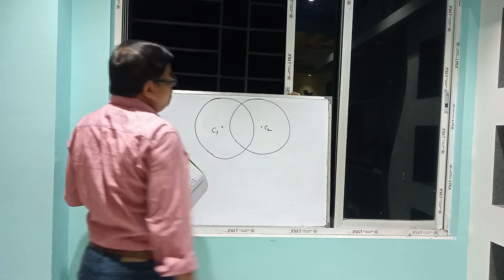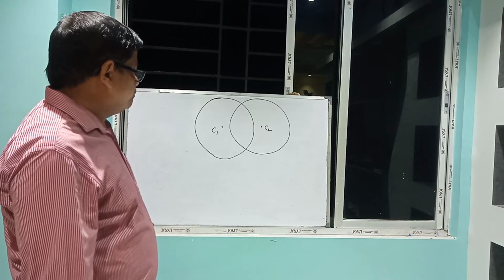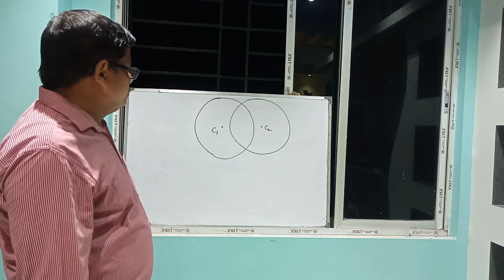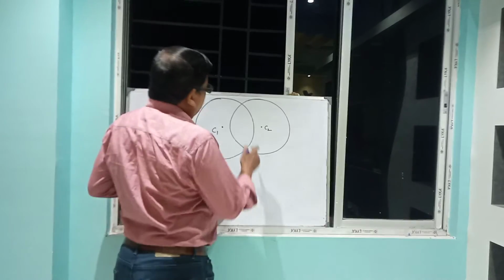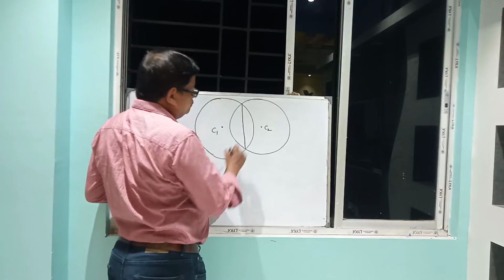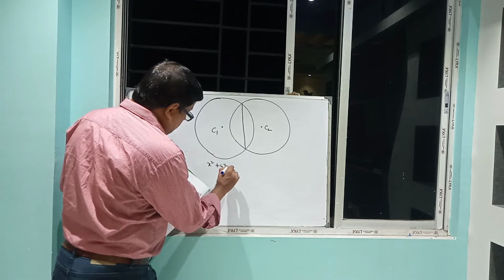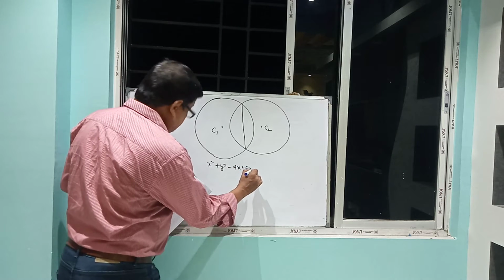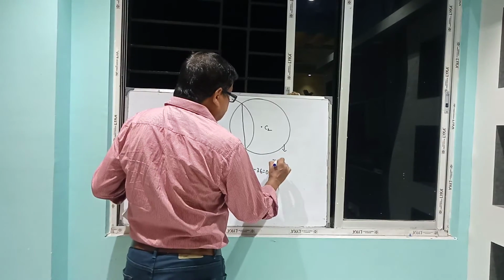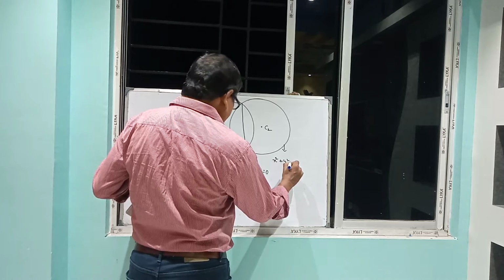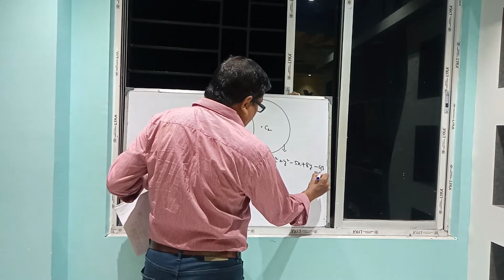Now the common chord means this one, find it out. The equations are x square plus y square minus 4x plus 6y minus 36 equal to 0, and x square plus y square minus 5x plus 8y minus 43 equal to 0.